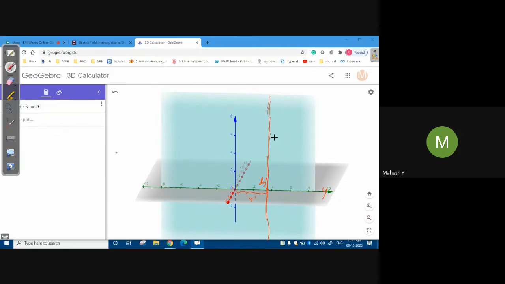Now, what is the line charge density of this line? Because we have surface charge density rho s, and we know the width of this one as dy prime. Okay, and we don't know the z limits.